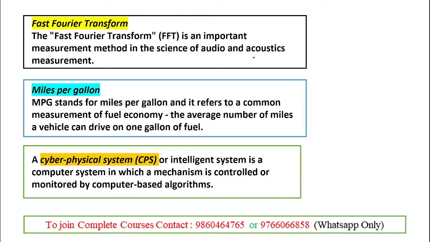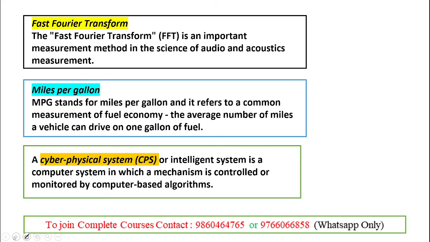So here you can see the usage of the measurement unit, that is fast Fourier transform. It's not that important, but fast Fourier transform is the full form of FFT.